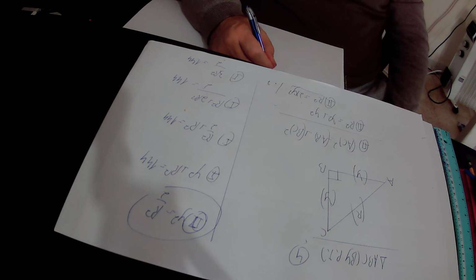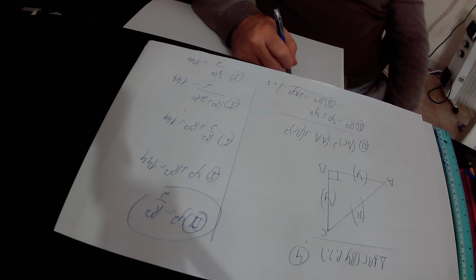And 288 over 3 is 96. So we found out that R squared equals to 96.